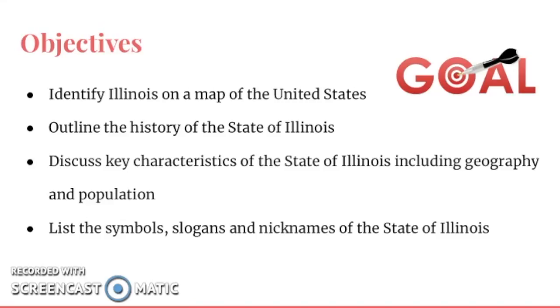To discuss the characteristics, including our geography, population, bordering states, and whatnot. Also be able to list the symbols, slogans, nicknames of the state of Illinois, and include any other important and interesting facts along the way.